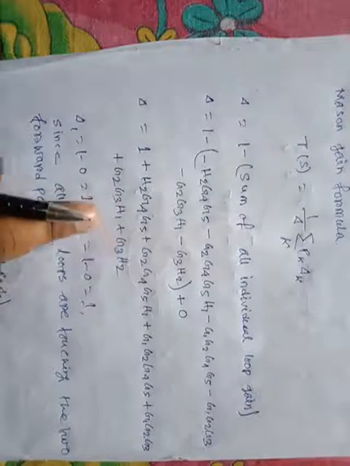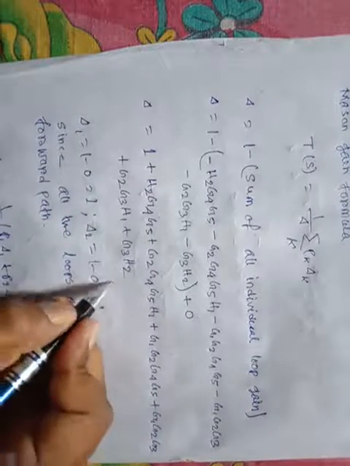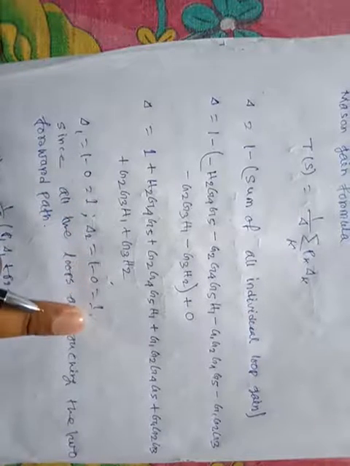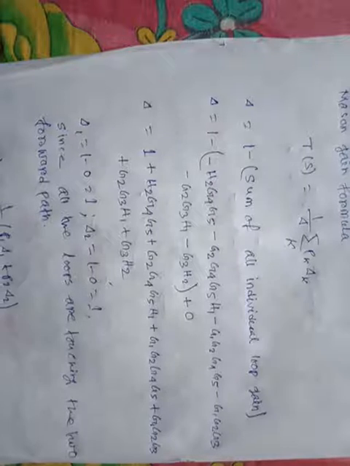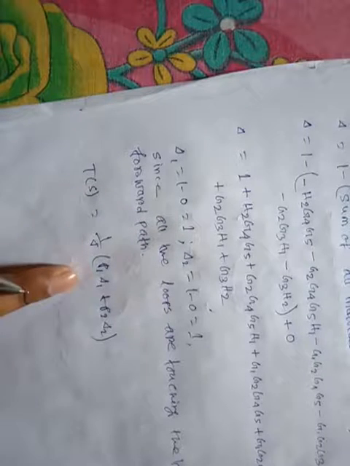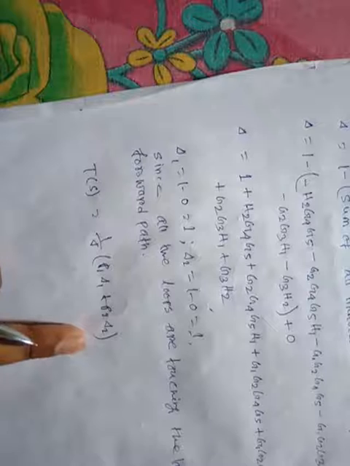Then after calculation, del 1 for the first forward path is 1 minus 0, equal to 1, and del 2 is 1 minus 0, equal to 1. Since all the loops are touching both forward paths, the Mason-Gain formula T(s) is equal to 1 by del into P1 into del 1 plus P2 into del 2.